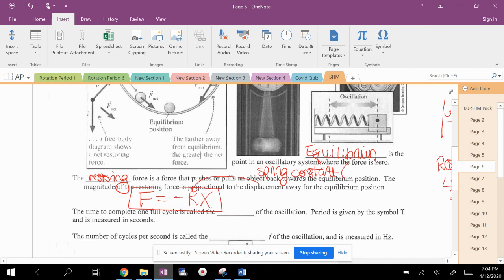And this is where the unit makes more sense. Newtons over meters. That's easy to understand in this equation because your force is measured in newtons and your displacement is measured in meters. X is the distance away from equilibrium.